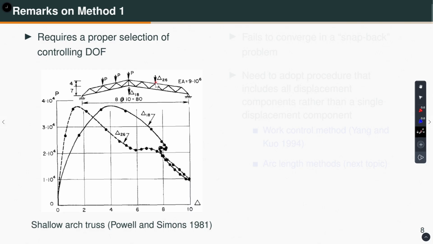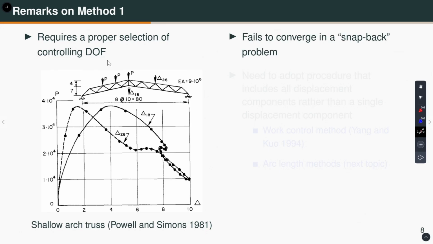But when they used the vertical displacement of this node as the controlling displacement, which they are calling delta 26, then they could get the complete solution for the load versus delta 26. So, for this case, if you plot the load versus this displacement, then you will be getting that response. This tells us that you have to be careful about selecting the appropriate controlling degree of freedom whenever there is a snapback kind of problem. Let me talk about that in just a little bit.